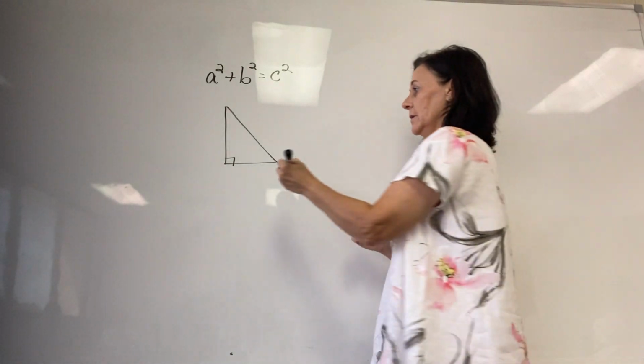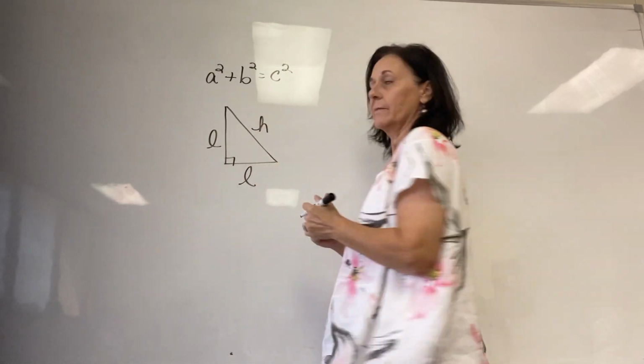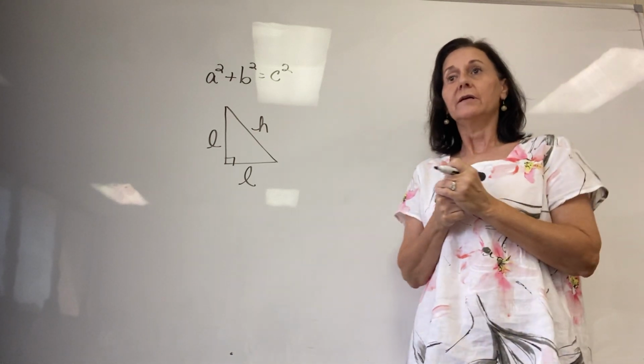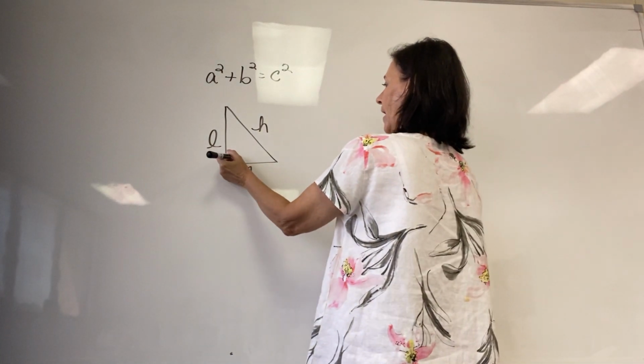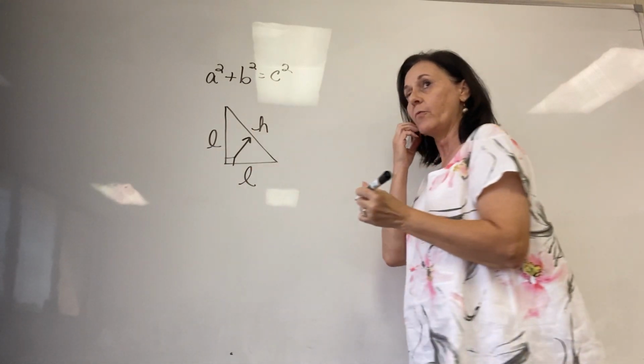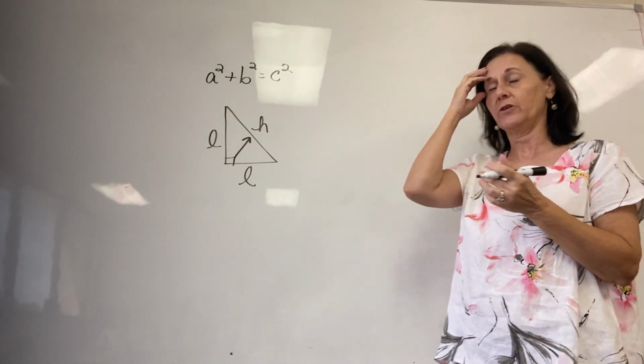There's 2 legs, and there's the hypotenuse. The hypotenuse, everybody look, here's the right angle. The hypotenuse is opposite the right angle. It is always the longest side. It is always the value of c.